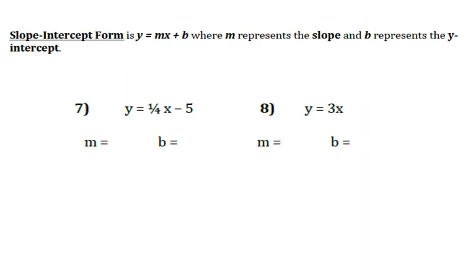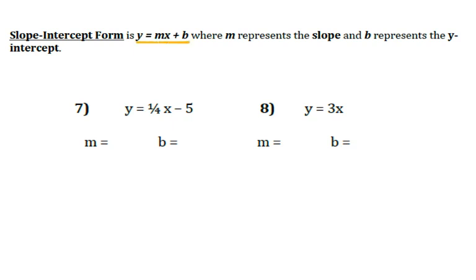Okay, so for the next few problems, we're going to take an equation in slope-intercept form, and we're going to find the slope and the y-intercept. Now, hopefully we might already see this and recall this. Let's do a quick little recap. Right here is our slope-intercept form, y equals mx plus b.